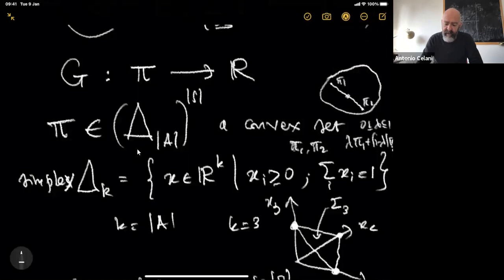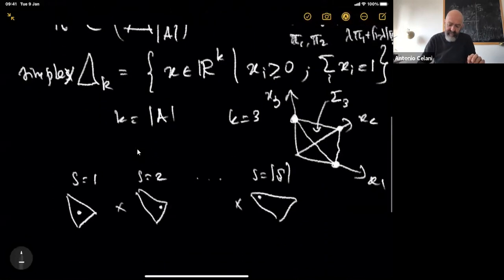So lambda 1/2 would be sitting here, here I am when lambda is 1, and here I am when lambda is 0. You can clearly see that a linear combination of two probability distributions is still a probability distribution, because it's positive and it sums to 1. It's straightforward. So this is a convex set, which is a nice property. We will use that in a second.